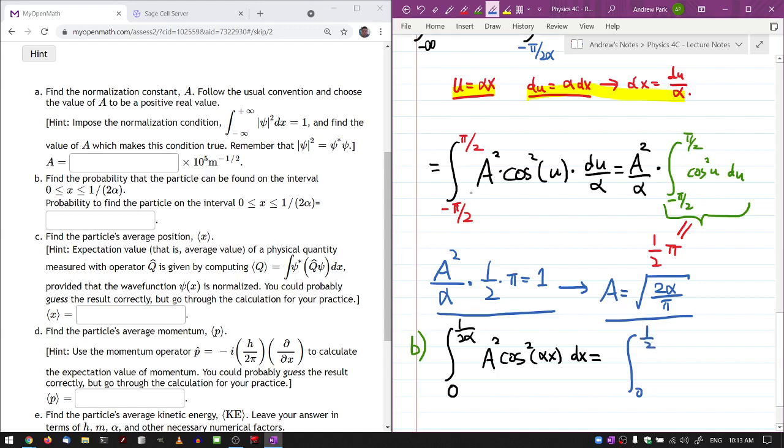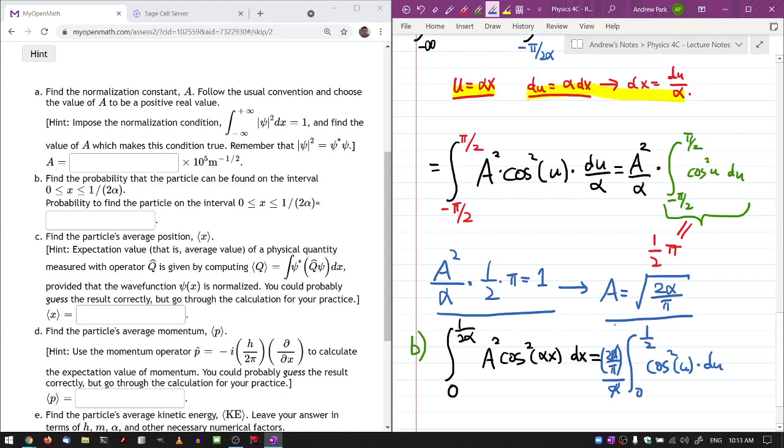The remaining coefficient a squared is 2 alpha over pi, times cosine squared of u, and dx is du over alpha, so the alphas cancel out. How convenient.